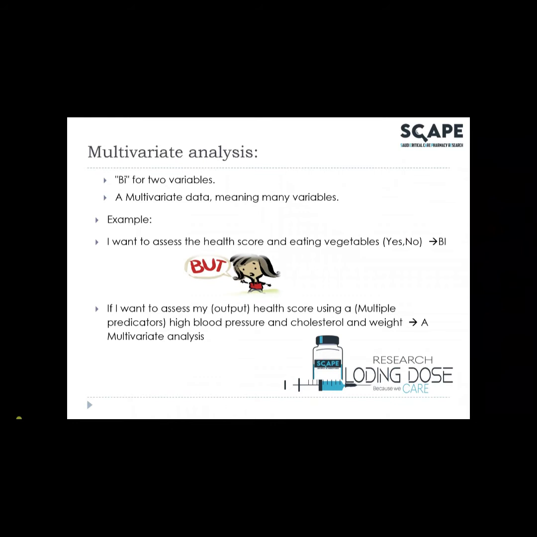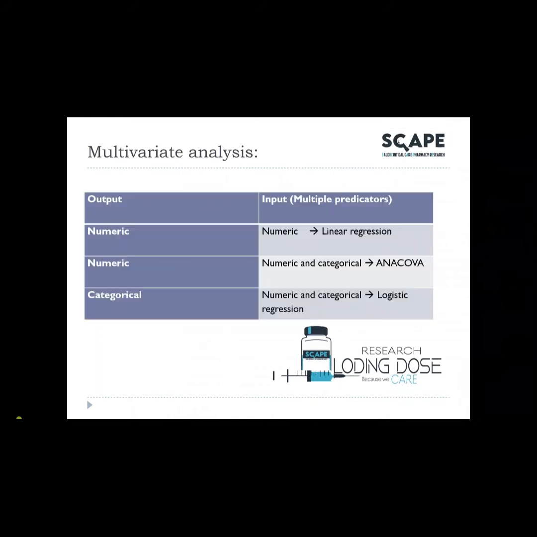For example, I want to assess health score and eating vegetables, that is bivariate. But if I want to assess my output, which is health score, using multiple predictors such as high blood pressure and cholesterol and weight, that will be multivariate analysis.